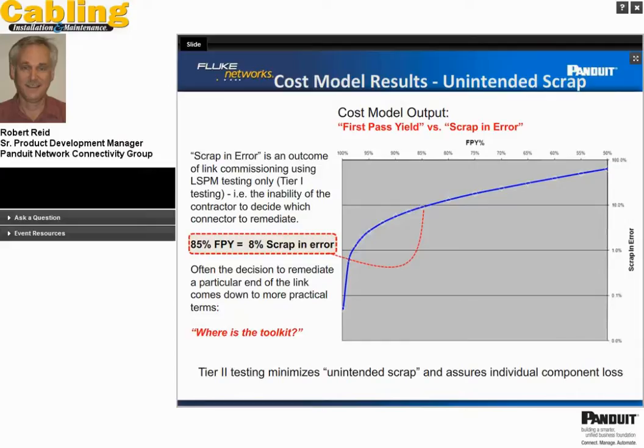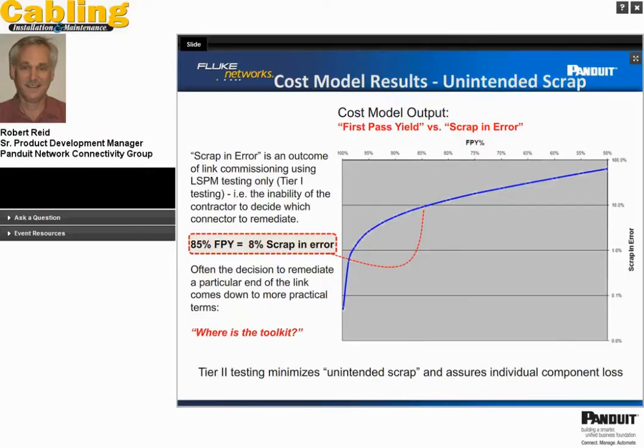first pass yield. So what I'm calling the scrap and error is an outcome of a mistake that's made with respect to cutting off the wrong connector. If I'm only doing tier 1 testing, I don't know necessarily, unless it's a catastrophic failure and let's say I VFL it and I see that light is spilling out of the connector.